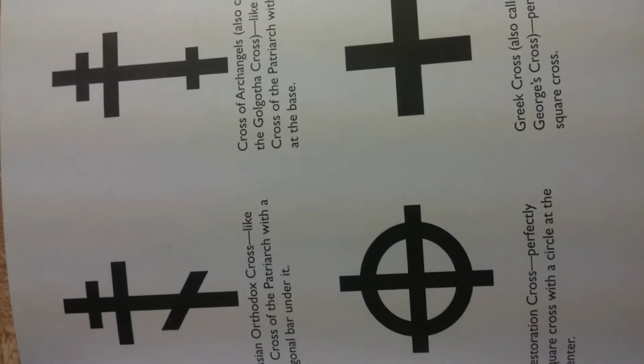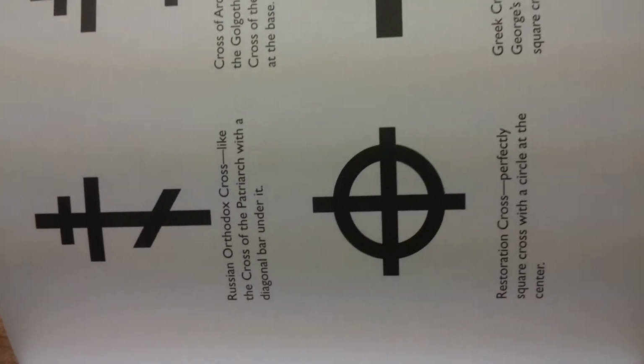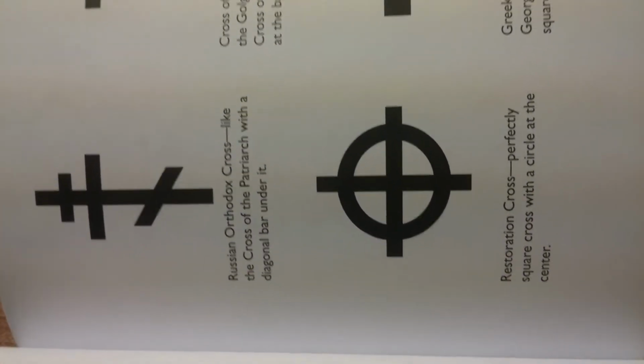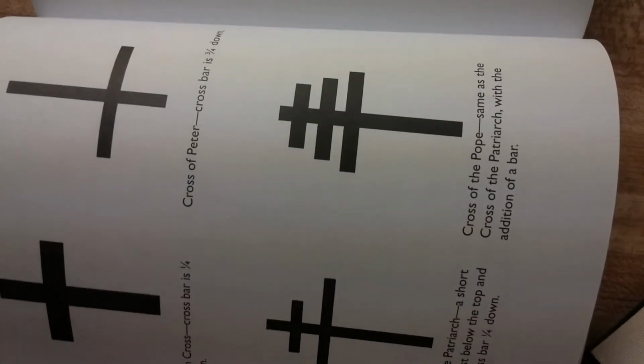The cross of archangels, the Greek cross, the Restoration cross, the Russian Orthodox cross. You have the cross of Peter, the cross of the Pope, the cross of the Patriarch, the Latin cross. Where did I get that from? Wow, so many different crosses here.